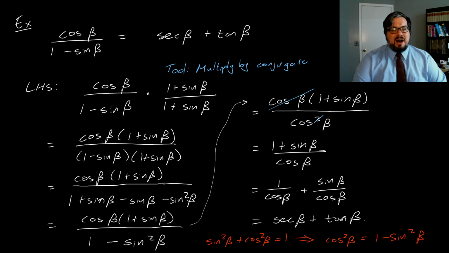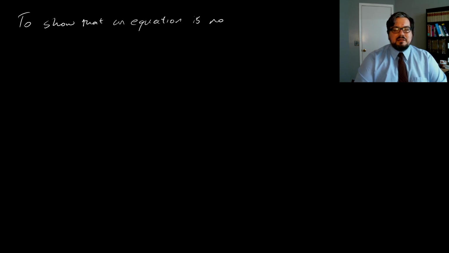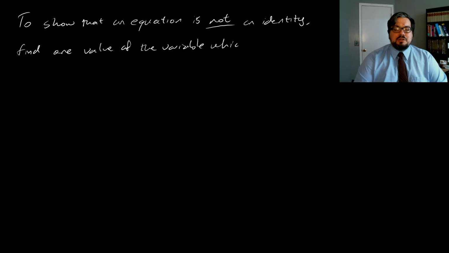All right, let's look at showing that something is not an identity. To show that an equation is not an identity, we simply need to find one value of the variable which makes the equation false.